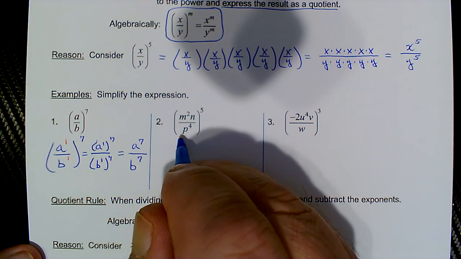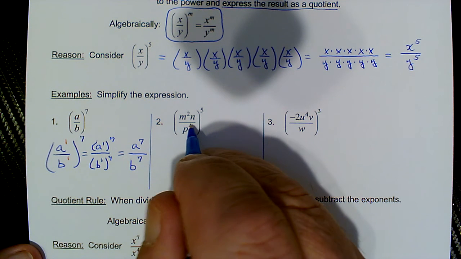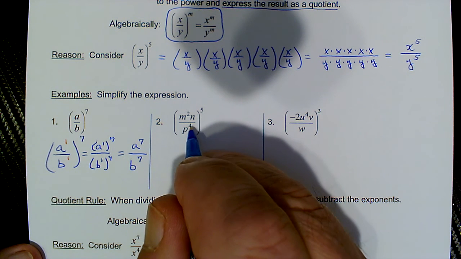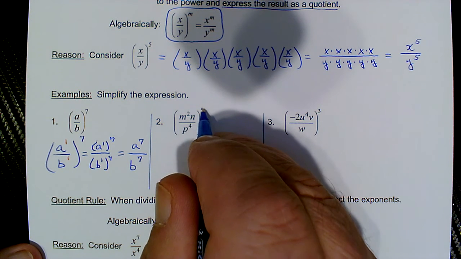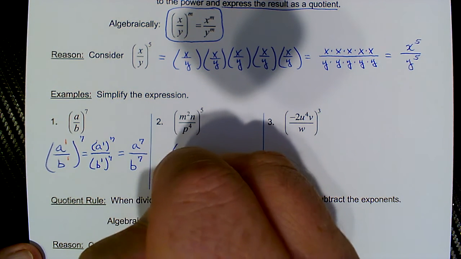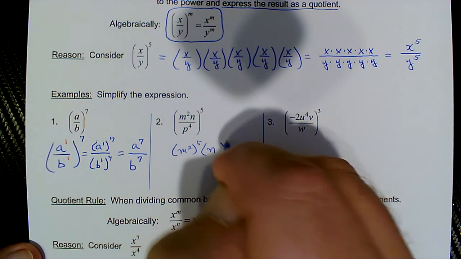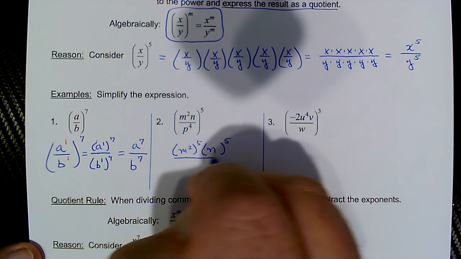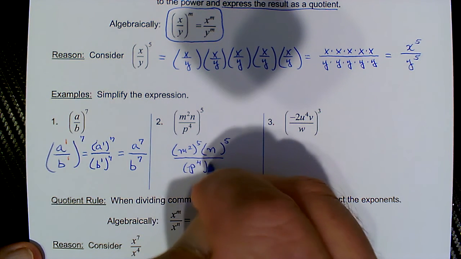Here's an extension of the rule, basically combining the power of a product and the power of a quotient rule, and essentially everything that's in parentheses gets raised to that power. So m squared gets raised to the 5th, n gets raised to the 5th, and p to the 4th gets raised to the 5th.